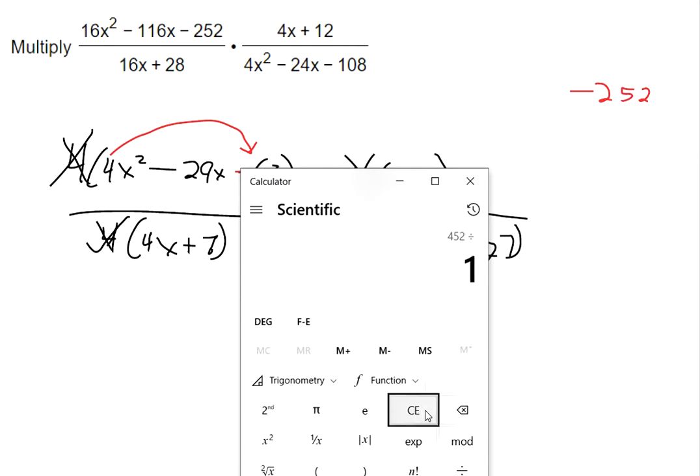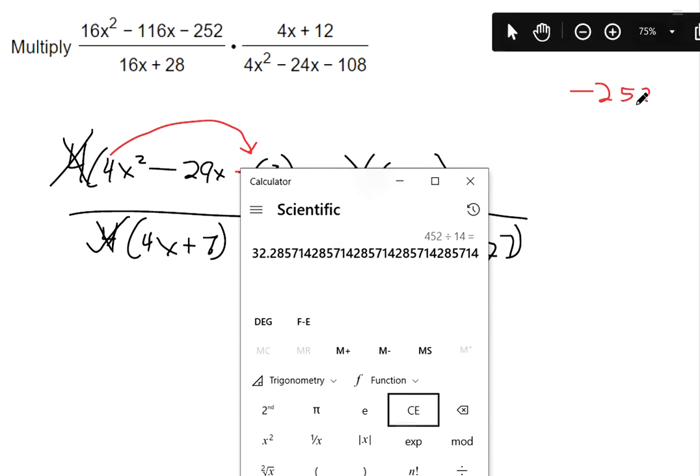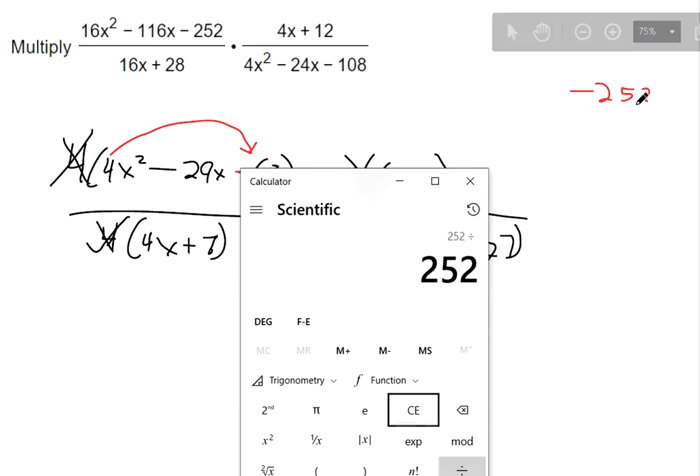So maybe 252 divided by 12. No, 252 divided by... I'm just guessing even numbers because this is an even number, but maybe 252 divided by 14. That's not good. It could make 252, but it won't add up to 29. I don't know.